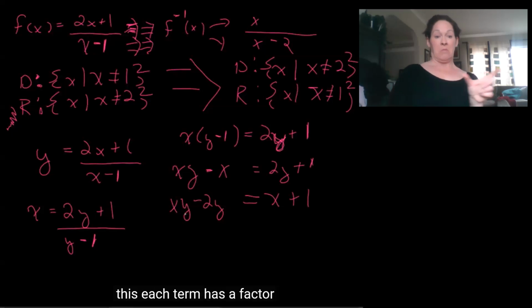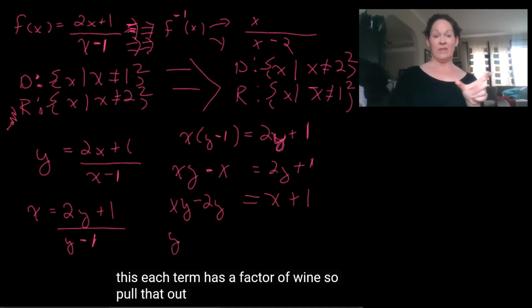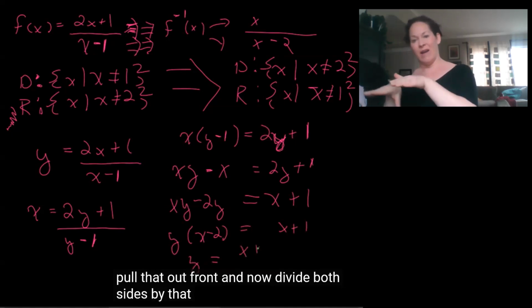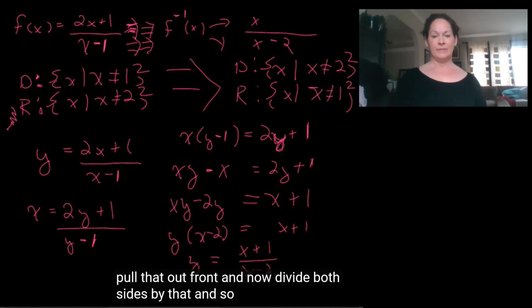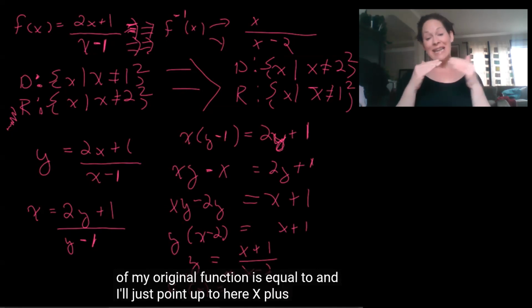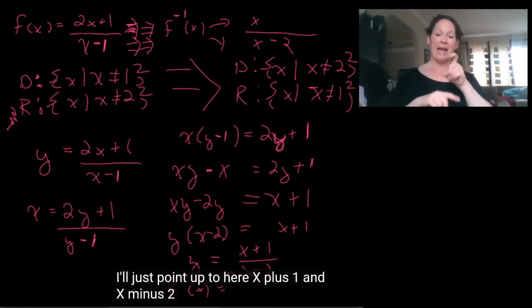Each term has a factor of y, so I'll pull that out front. And now I'll divide both sides by that. And so I get the inverse of my original function is equal to, and I'll just point up to here, x plus 1 over x minus 2.